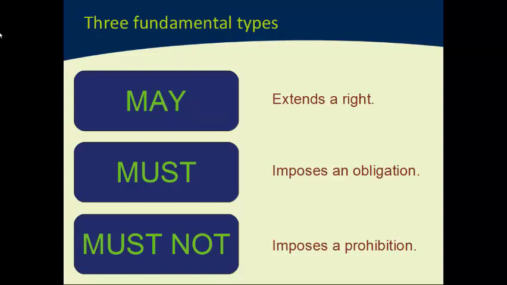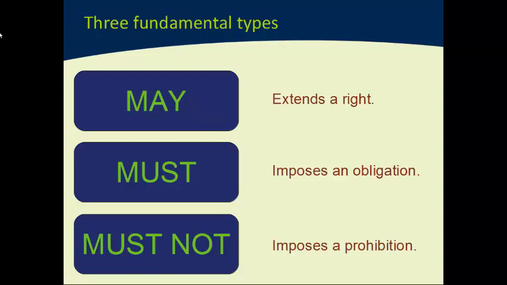Back then we looked at a mischief that is preventing something bad or managing a risk or extending a benefit. What you'll find is that those different types of mischief line up pretty well with the three fundamental types of operative provision.